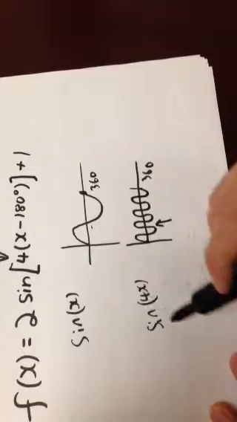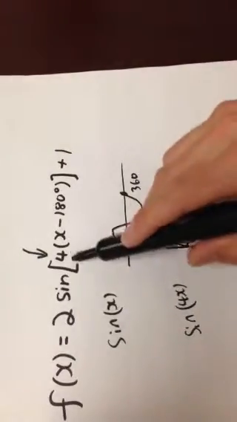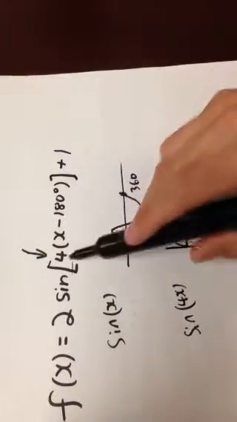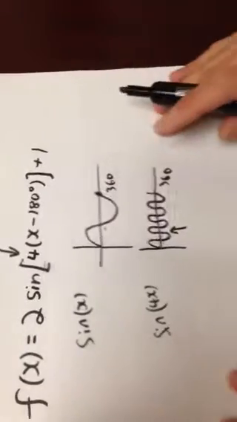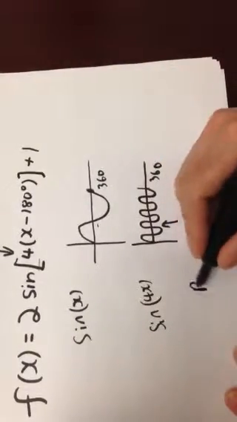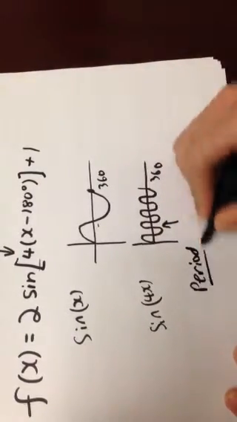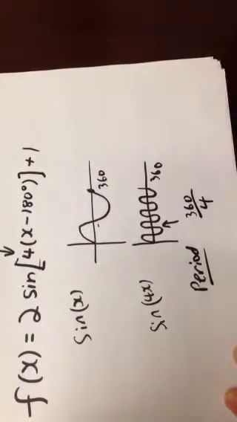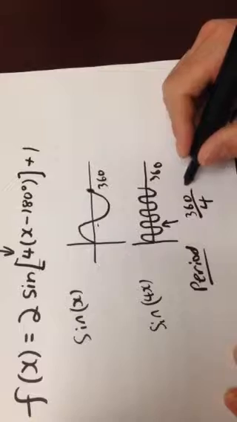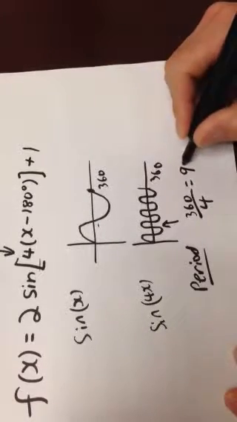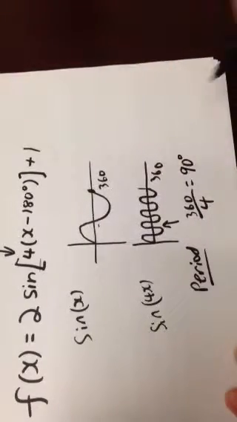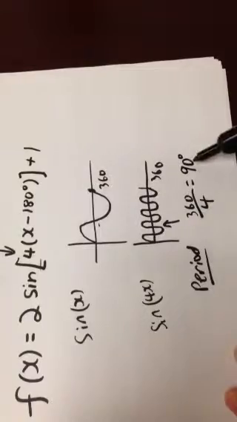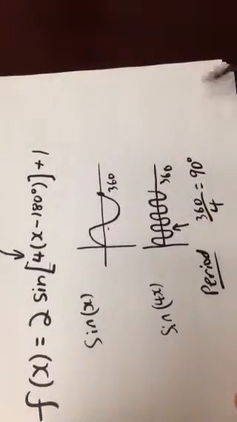So the period for the sine of 4x, or any more complicated function where 4 is the number that's being multiplied by x, the period is 360 degrees divided by 4. And 360 divided by 4 is equal to 90. So what we're looking for here is a period of 90 degrees on this.